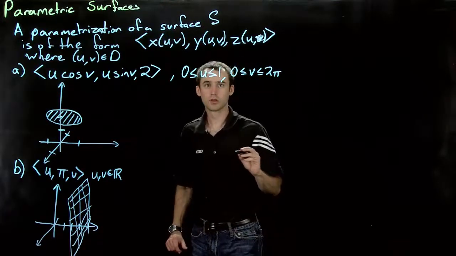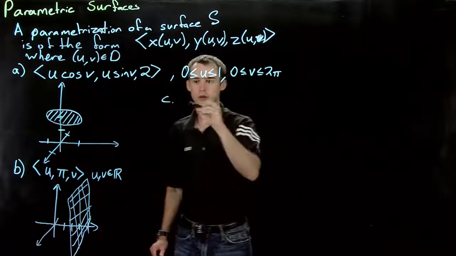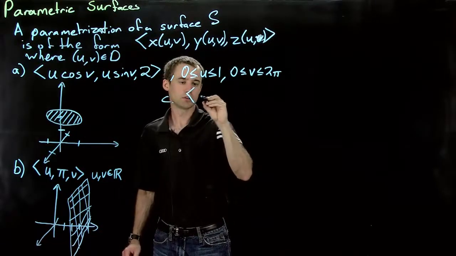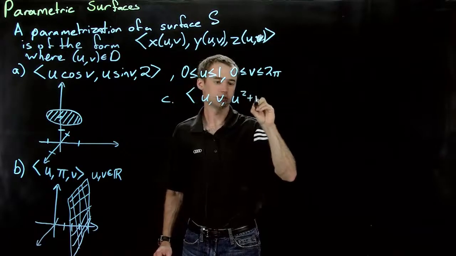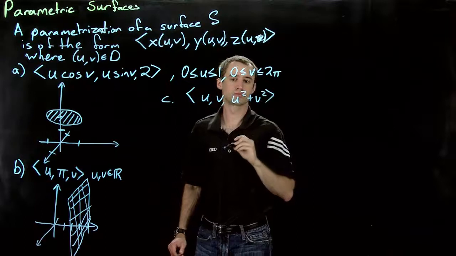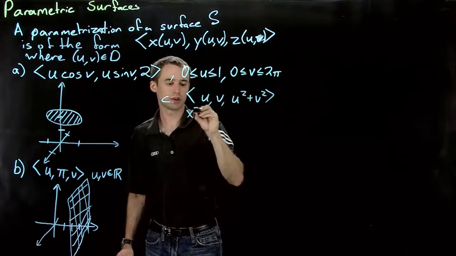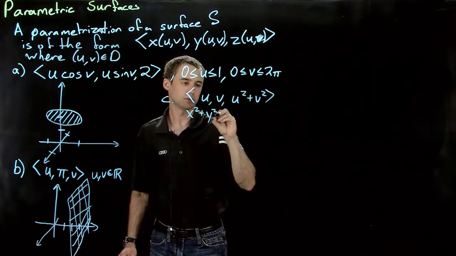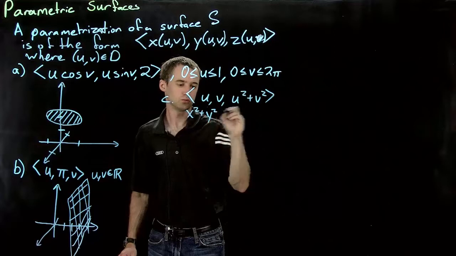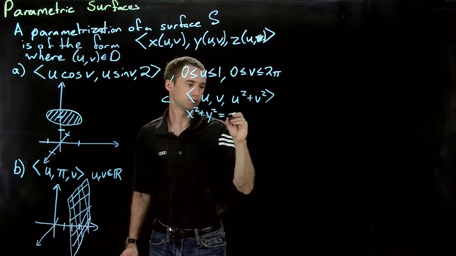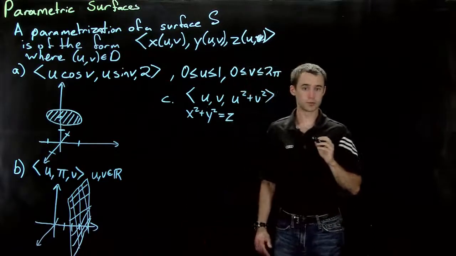And one more quick example. How about u, v, and u squared plus v squared? Notice that x squared plus y squared is equal to z. This is a paraboloid.